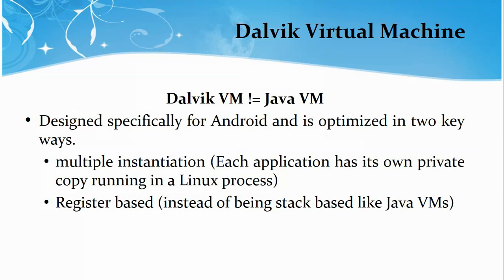Why? Say 5 Java applications are running on my laptop or desktop, and one of the applications crashes. Most of you would have seen the difference between C, C++ and Java.